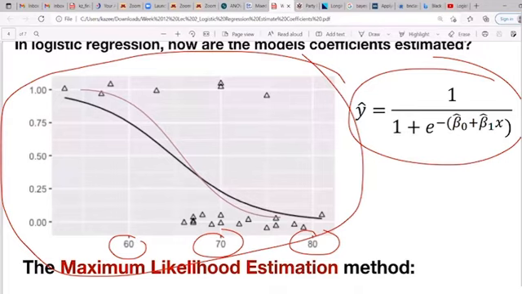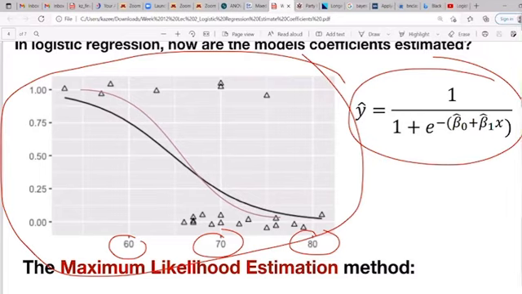For every value of the predictor, since you already know the regression coefficients, you can predict the probability associated with that predictor. And that gives you the opportunity to make a plot.